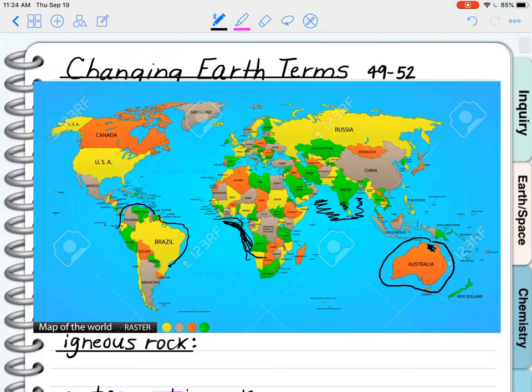This part of South America could have fit right in here to the Gulf of Mexico. Perhaps that at one time this was closed up, that there wasn't water there, that it was all collapsed together. That's what the theory of continental drift is talking about. That at one time, all of these things were connected, and then they have floated apart. The continents are drifting. They're moving very slowly, but they're constantly in motion.